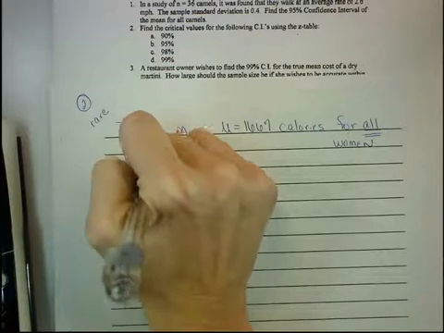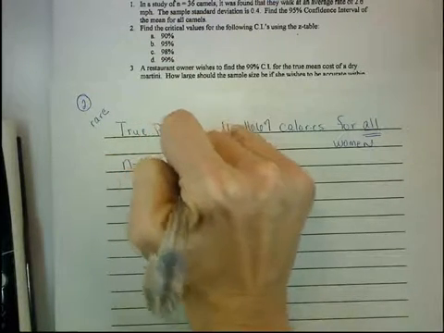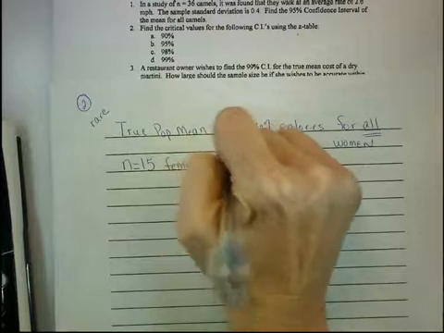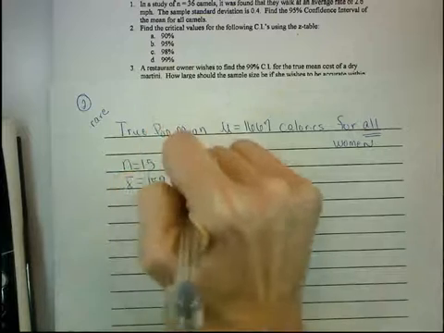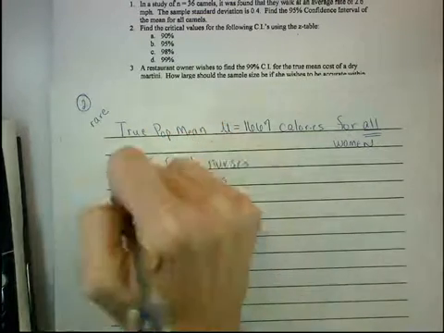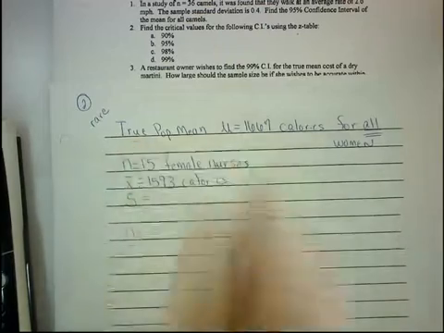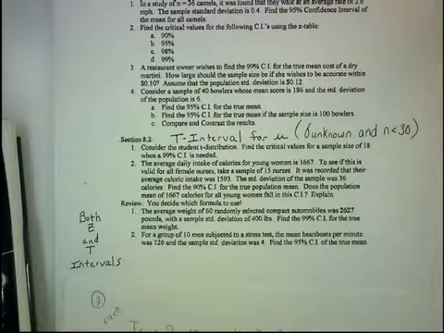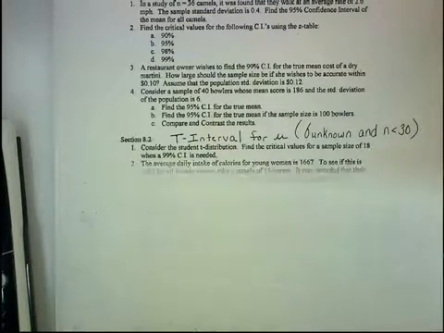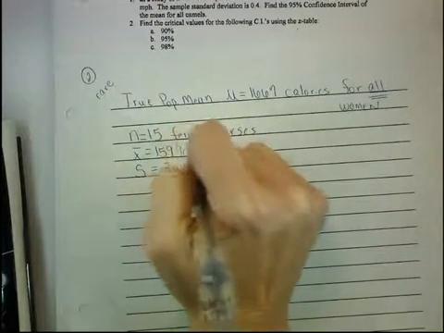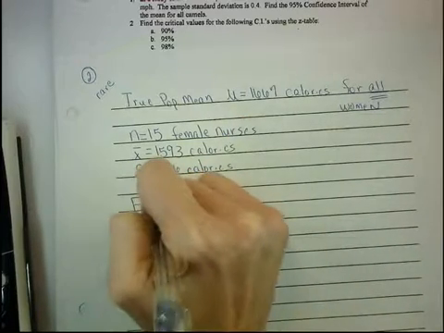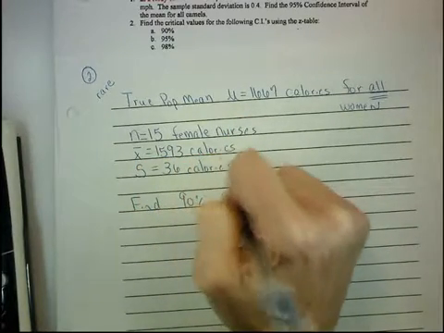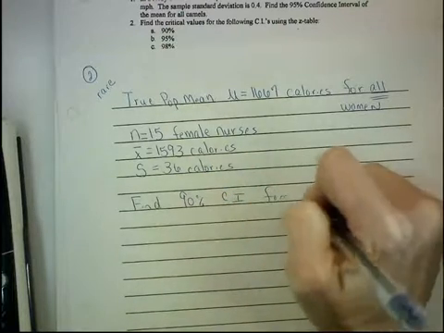To see if this is valid, they take a sample of 15 female nurses and they find that their average caloric intake was 1,593 calories. The standard deviation of the sample, S, was 36 calories. Find the 90% confidence interval for the true mean.